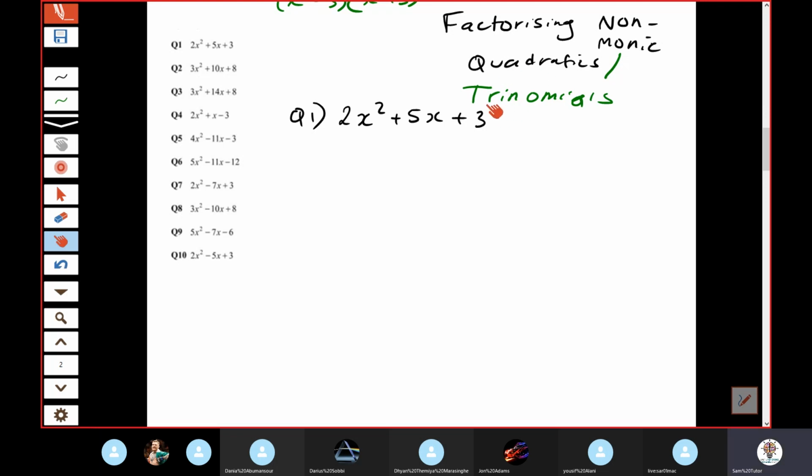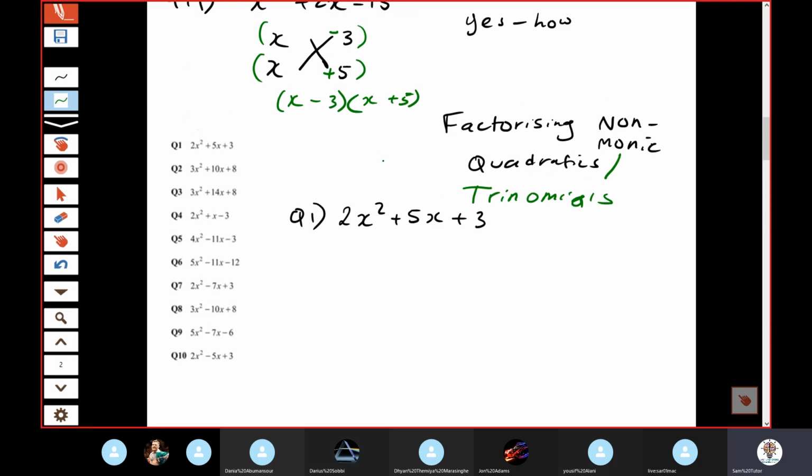Like quad means 4 and tri is 3. Yeah, so that doesn't make sense. How can they be the same thing, yet tri means 3, whereas quad means 4? How come they're called quadratics when there's only 3 of them? And then I go, sometimes they're also called trinomials because there's 3 of them. 1, 2, 3. All right, good point.